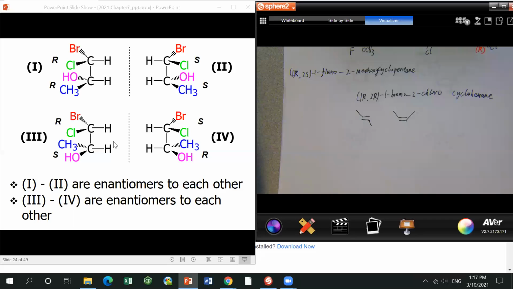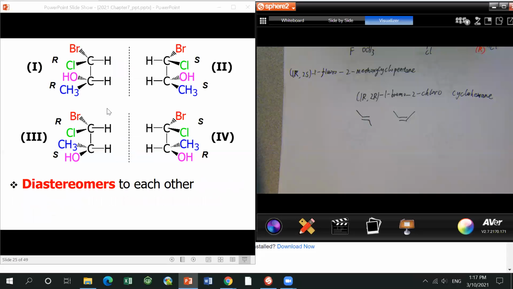Now comes the question: what's the relationship between 1 and 3, and 1 and 4, and also 2 and 3, and 2 and 4? For example, 1 and 3: for one stereocenter they have the same alignment, the top one R here and here, and for the bottom one, the opposite alignment. Some are the same, some are different. So we come to the diastereomers. 1 and 2 are enantiomers, and 3 and 4 are enantiomers.